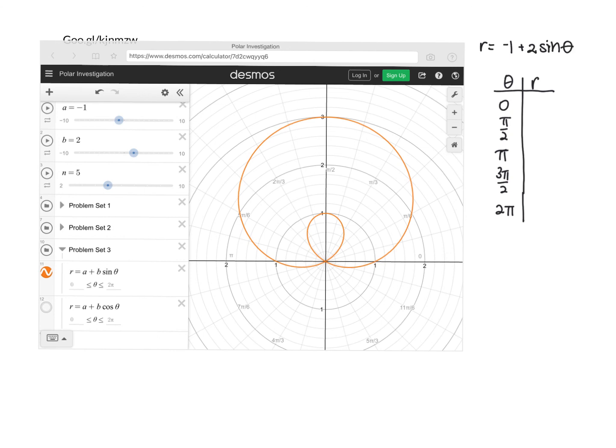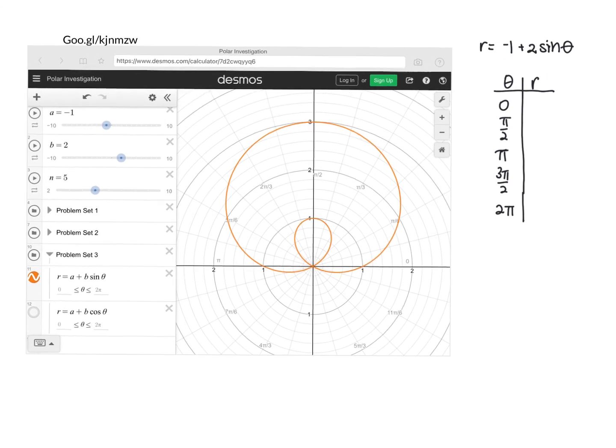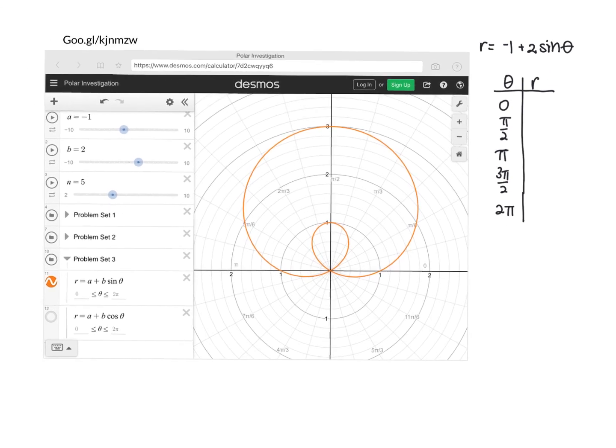That just happens to be the one I landed on. There's no other reason I chose that. If we substitute 0 into this equation for theta, we would have -1 plus 2 times the sine of 0. Well, the sine of 0 is 0, and so we get -1. So at theta equals 0, we get -1.